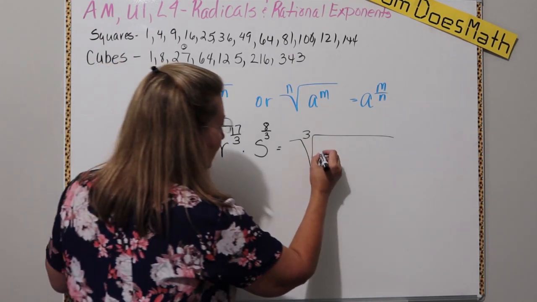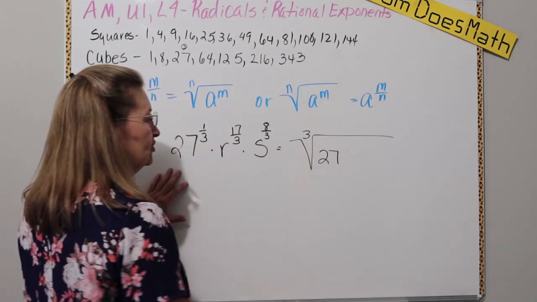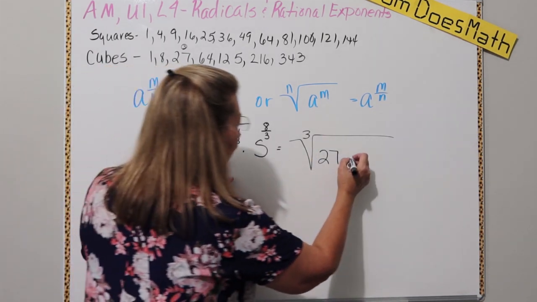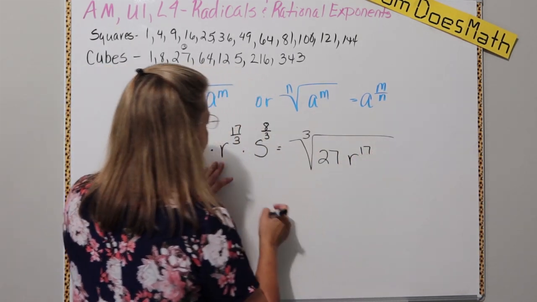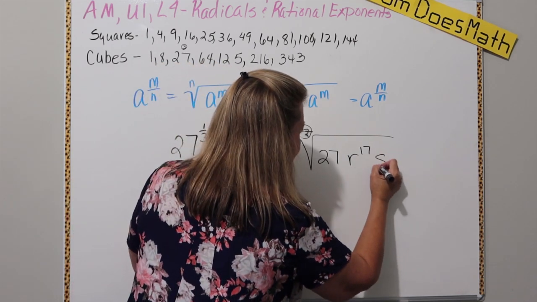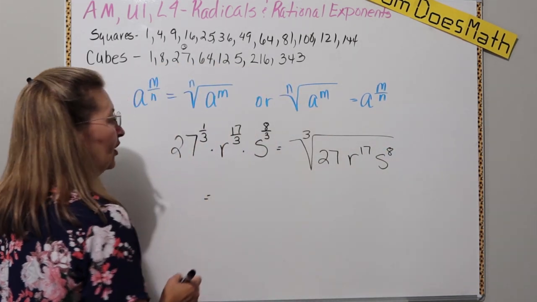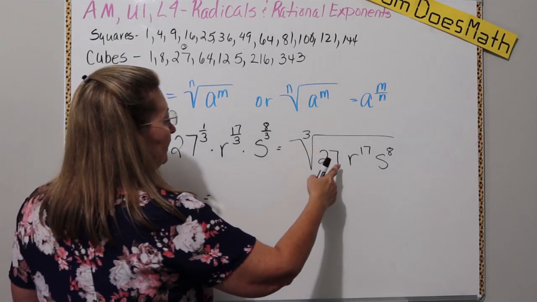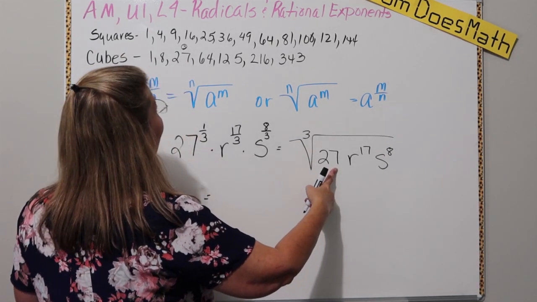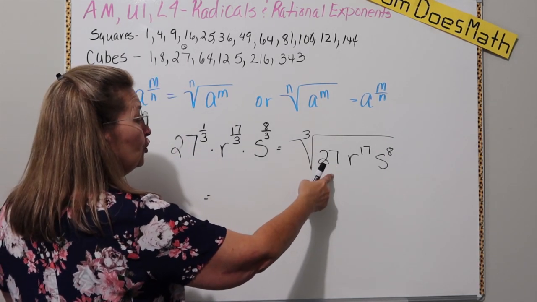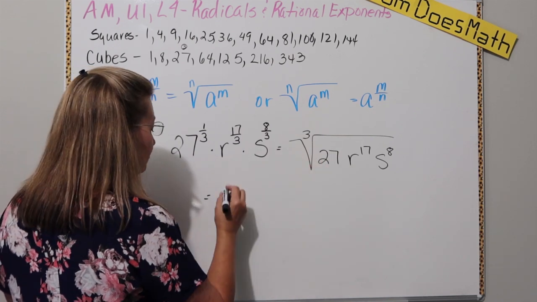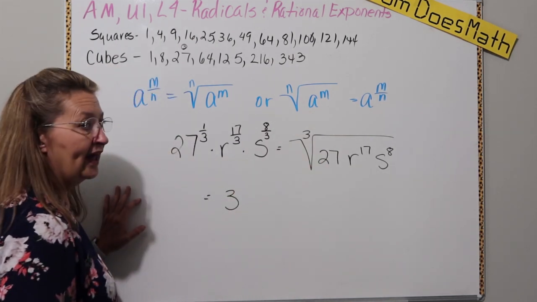So I've got 27 to the first power, which is just 27. I've got R to the 17th, and I've got S to the 8th. Now, let's break it down and simplify it. Is 27 a perfect cube? Yes, it is. The cube root of 27 is 3. So I can pull that out.